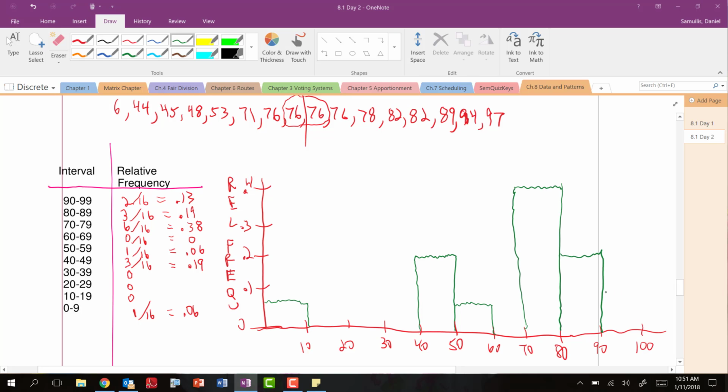And then 0.13. If you look at this picture compared to the last one, they almost look exactly the same.